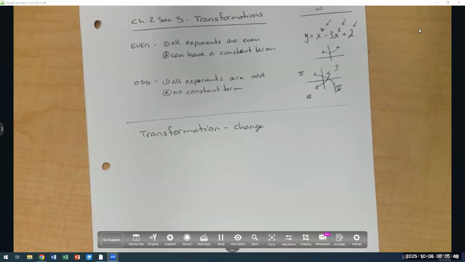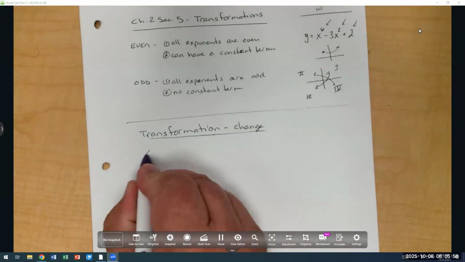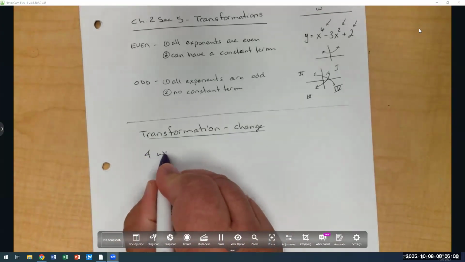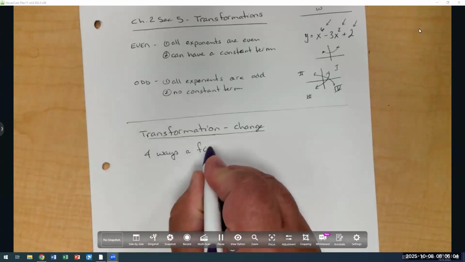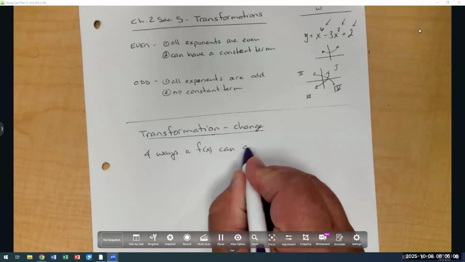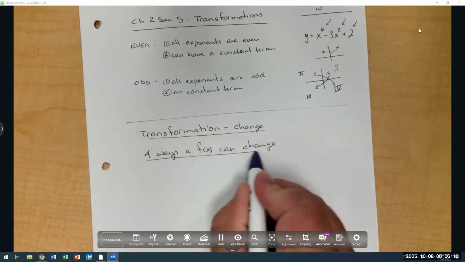So in mathematics, we have 4 different ways a function can change.